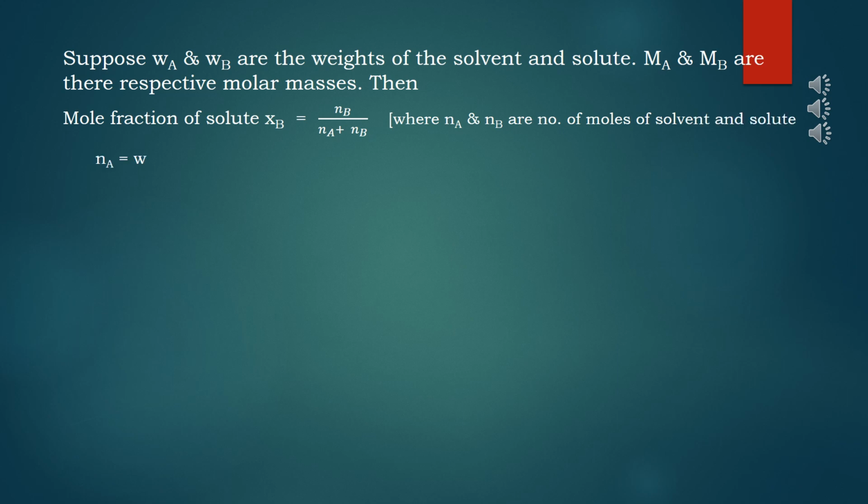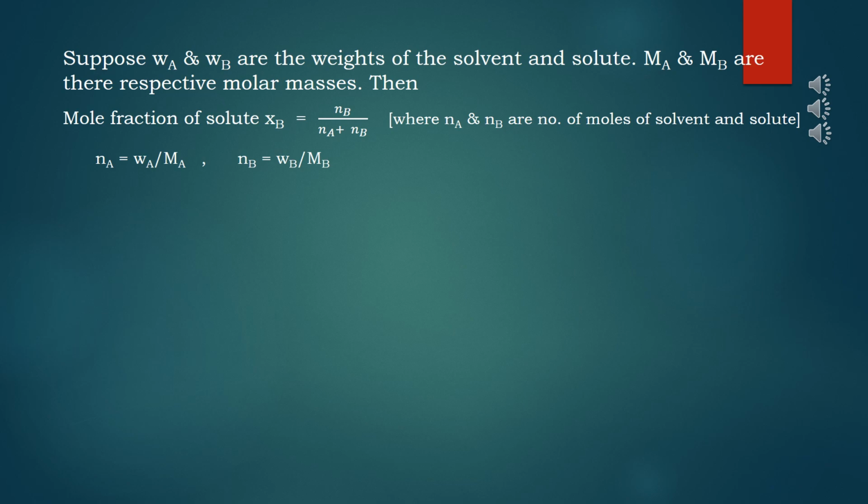So, the number of moles of solvent NA is equal to the weight of solvent WA divided by molecular weight MA. Similarly, the number of moles of solute NB is equal to the weight of solute WB divided by molecular weight MB.